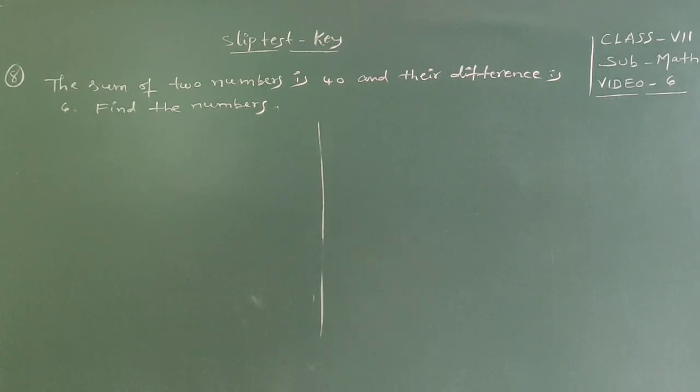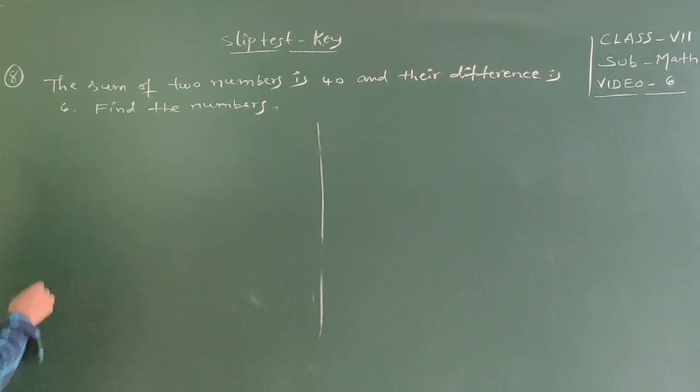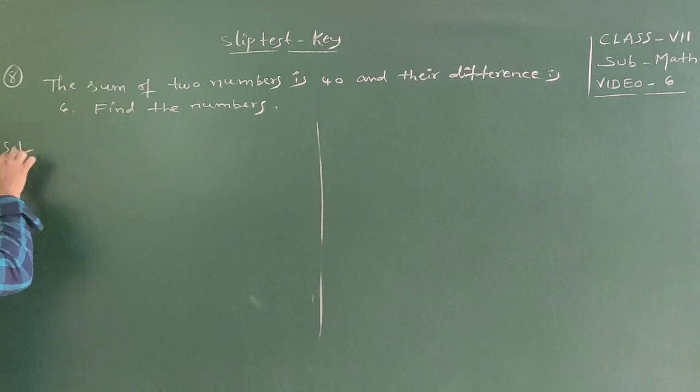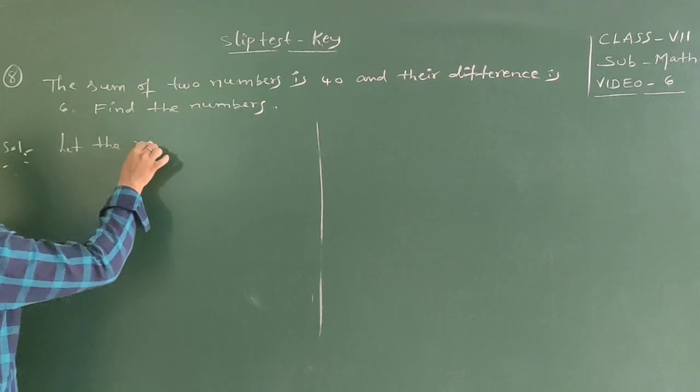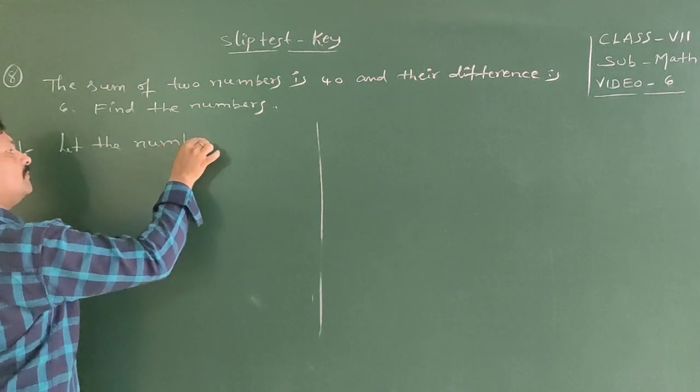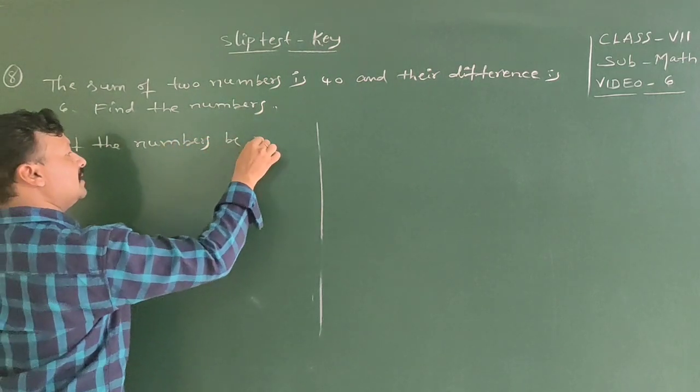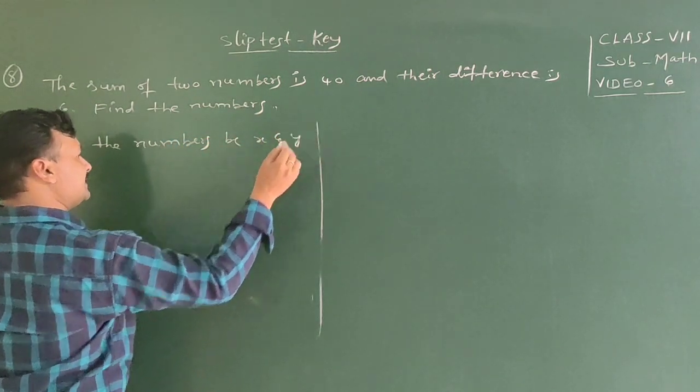Next, 8th problem. The sum of two numbers is 40 and their difference is 6. Find the numbers. For this one, let the numbers be x and y.